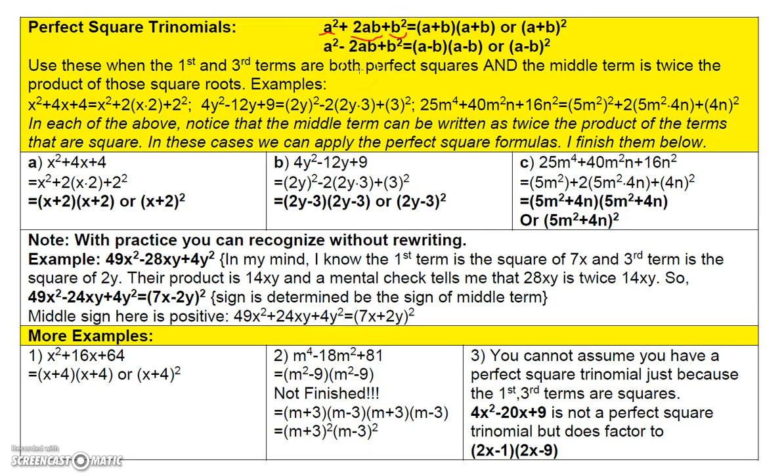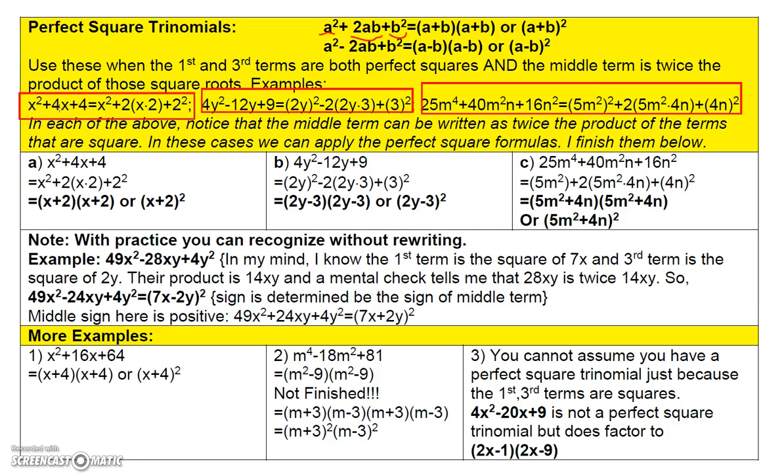If you recognize a trinomial in that form, then if the middle sign is plus, it factors into a plus b times a plus b, or a plus b quantity squared. If the middle sign is minus, then it factors into a minus b times a minus b, or a minus b quantity squared.